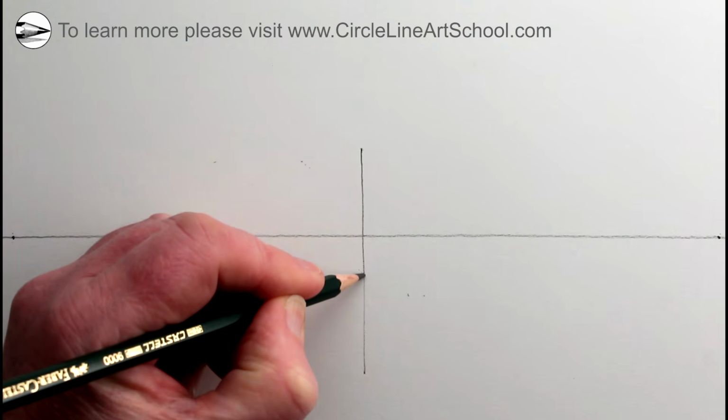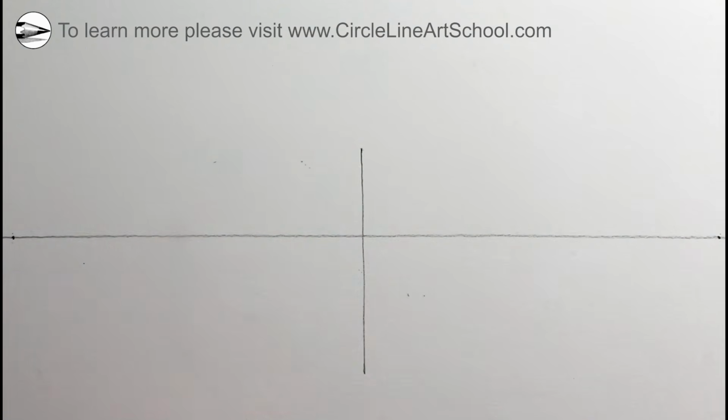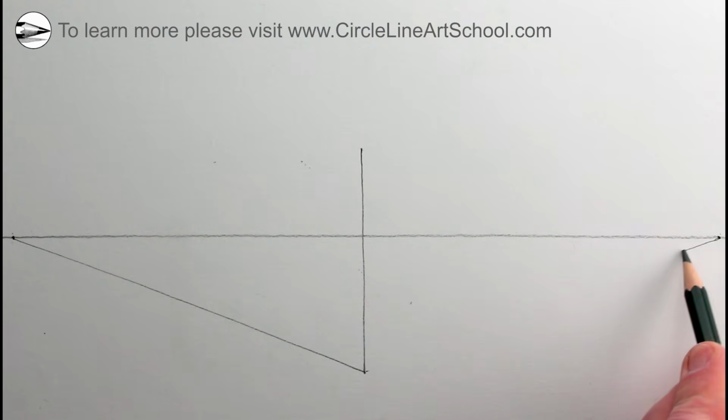It's best to use two-point perspective when looking at the corner of a building that's receding to the left and to the right. Next, draw a line from your left vanishing point to the base of the vertical line, and then draw another line from the right vanishing point, again to the base of the vertical line, the corner of the house.